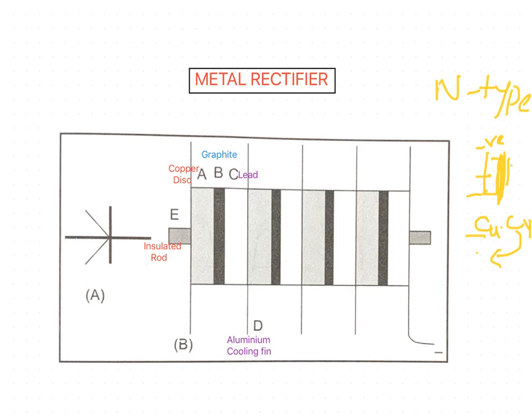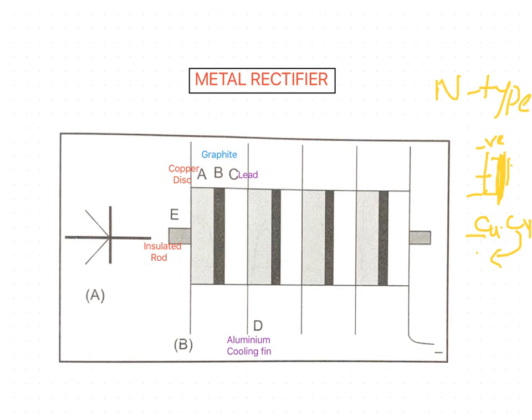For example, if we require 100 volts, then we need 10 discs. Then only will we get that much current in one direction. So this is the common principle of working of the metal rectifier.